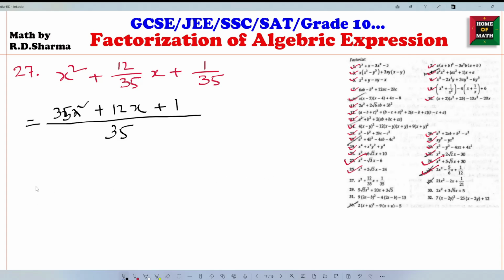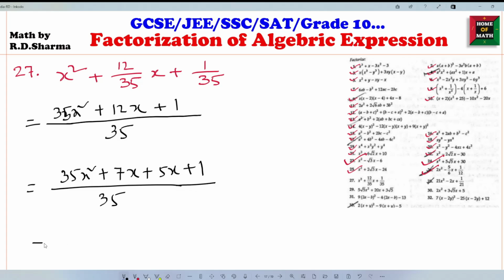So 35 we can factor as 7 times 5 means 35, again 7 plus 5 means 12. So we can write 35x² + 7x + 5x + 1, right?